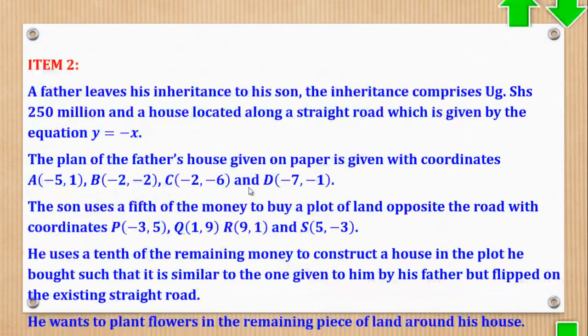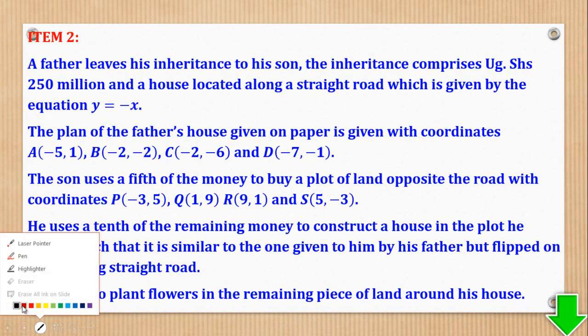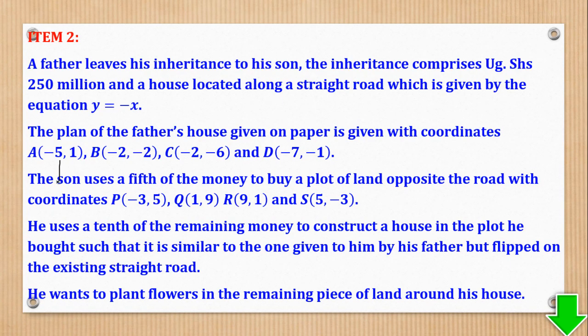These ones. There was A, which is (negative 5, 1), B, which is (negative 2, 2), (negative 2, negative 6), and (negative 7, negative 1). So still here, when you're plotting, the first entry is horizontal. Then the second one is on the y-axis, what we call the vertical. So always remember that. So let's come and plot those ones.